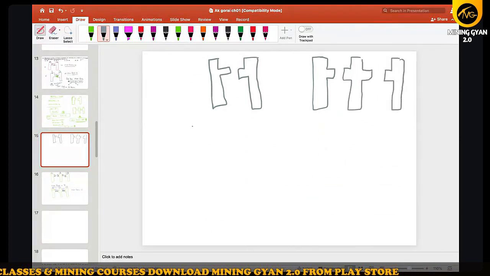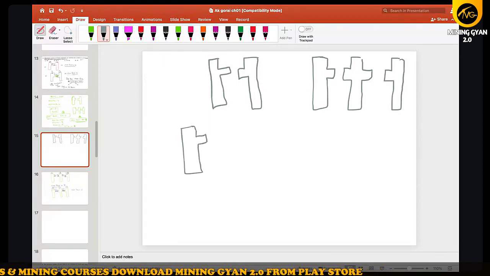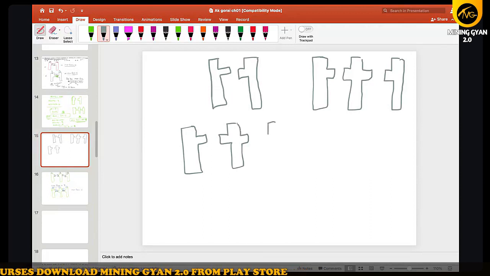If they ask us for 4 headings, then the diagram will be like this.